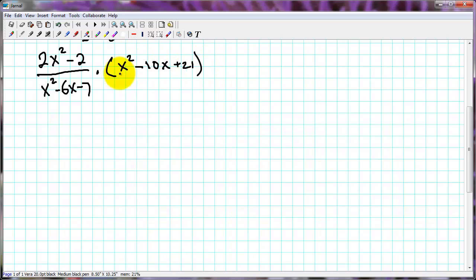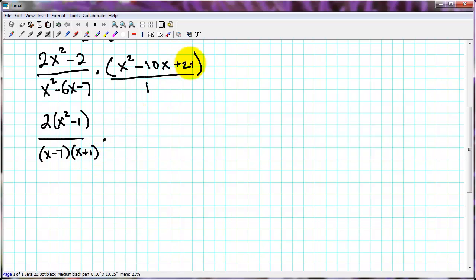So remember, when we're multiplying, this is a fraction. It's in the numerator. It's over 1. So let's factor each part of this. So we can do a GCF factor here. And we can factor here. We need a pair of numbers that multiply to be negative 7 and add to be negative 6. So that's going to be x minus 7 and x plus 1.